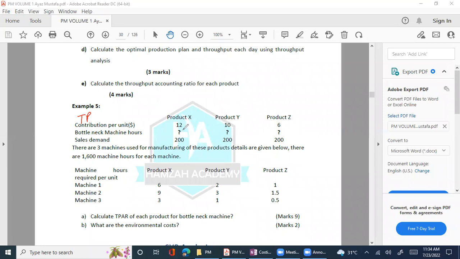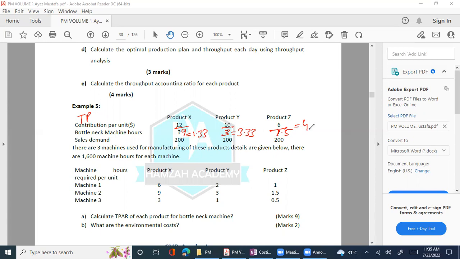Now when you divide it with this, you will get the throughput per hour. What will be the throughput per hour? 12 over 9 is 1.33, and 10 over 3 will be 3.33, and 6 over 1.5 is 4. So this is the throughput per hour.